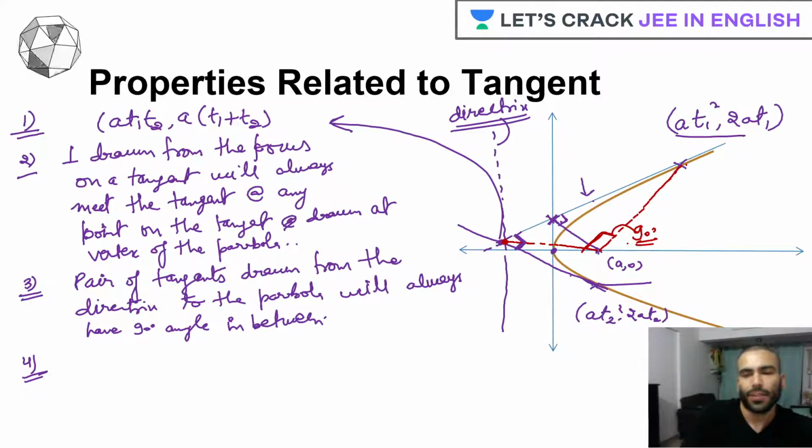So basically, you can say that this line segment from the touching point till the directrix point will always subtend a 90-degree angle on the focus. So how would we write it?